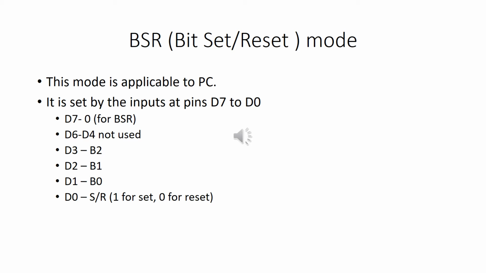Now there are three different bits B0, B1, B2 which are taken from D1, D2, D3 respectively. The D0 bit is 1 for set and 0 for reset. We shall see the bits B0, B1, B2 in the next slide.